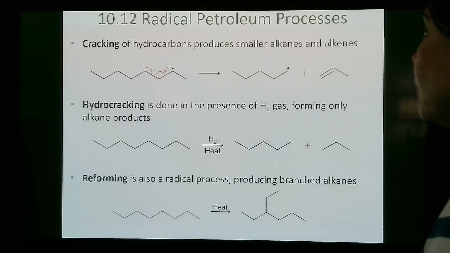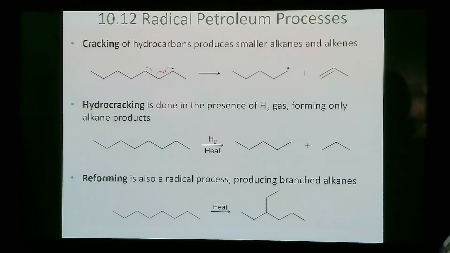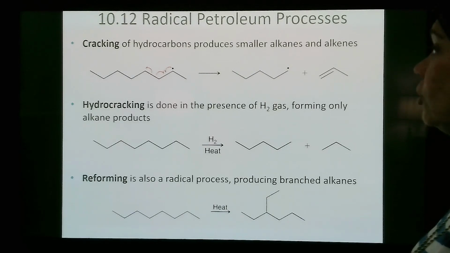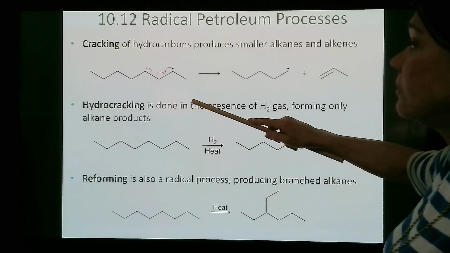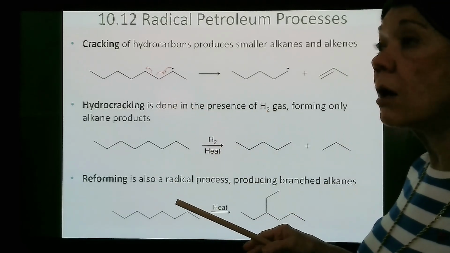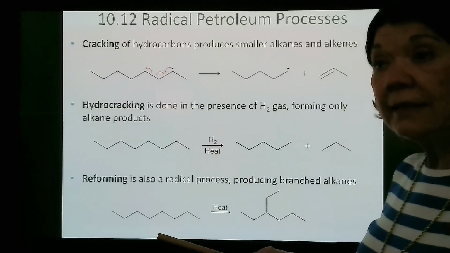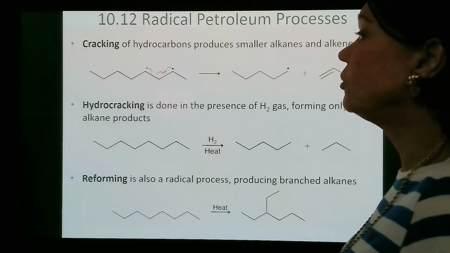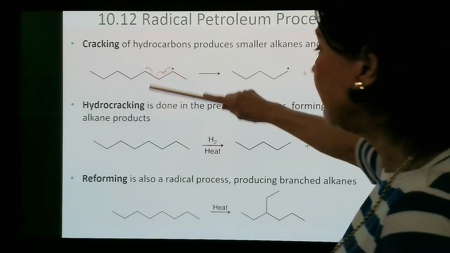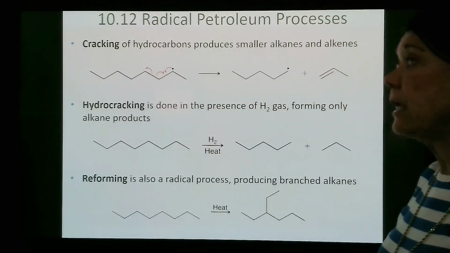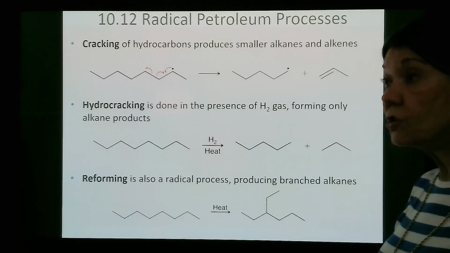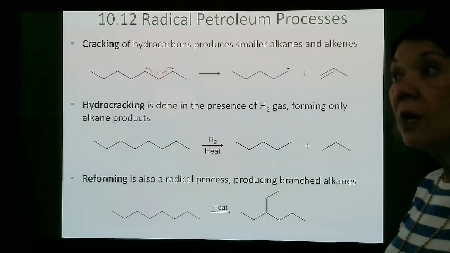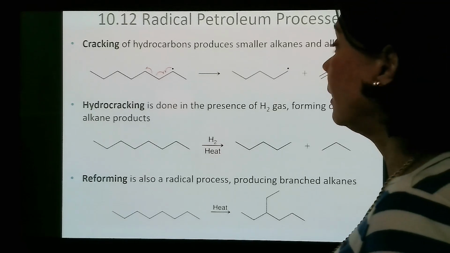The radical petroleum process: radicals are observed and used and even desired in the petroleum process. So here you can have very long alkanes, and it's desired to fragment those in order to get different products, smaller alkanes that we would be able to use as fuel in our cars or elsewhere.